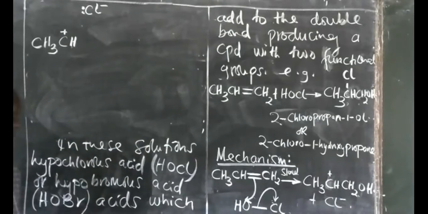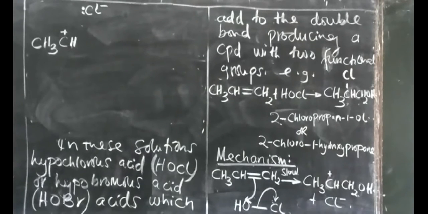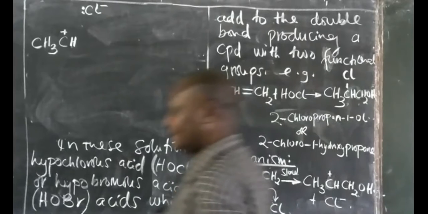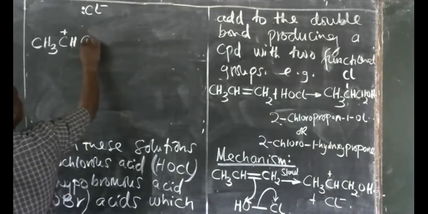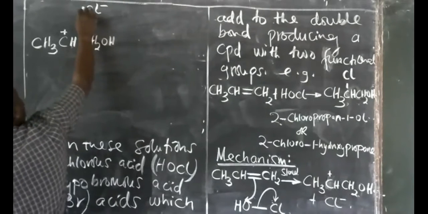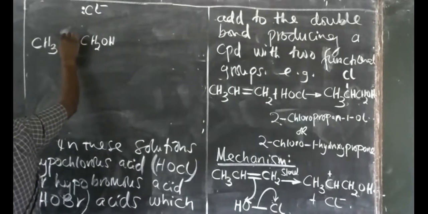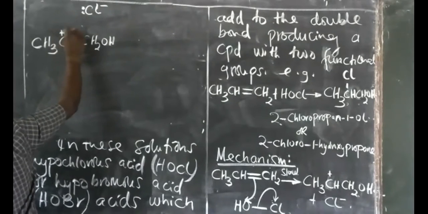Now, in our mechanism, the chloride ion is going to attack in the next step, which is a rapid step. So we have CH2OH. Now this one, if we rearrange this one properly, is positively charged.